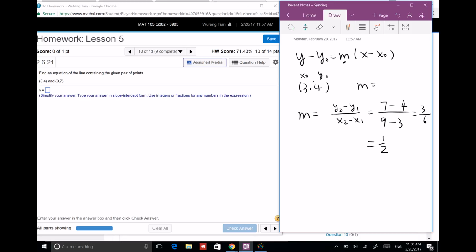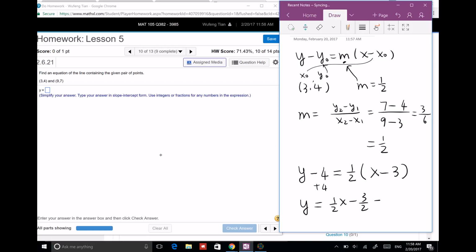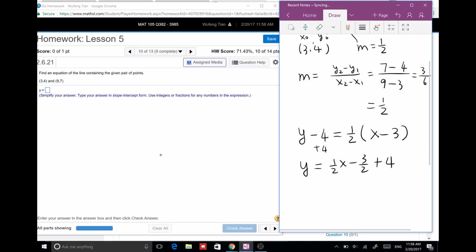Now we've got the slope 1/2. We need to plug into the formula. So y minus 4 equals 1/2, because this is m, this is x0, this is y0. Just plug it in, right? So now 1/2 times x minus x0, which is 3. So the answer is y equals 1/2 x minus 3/2 plus 4, which is y equals 1/2 x minus 3/2 plus 8/2.